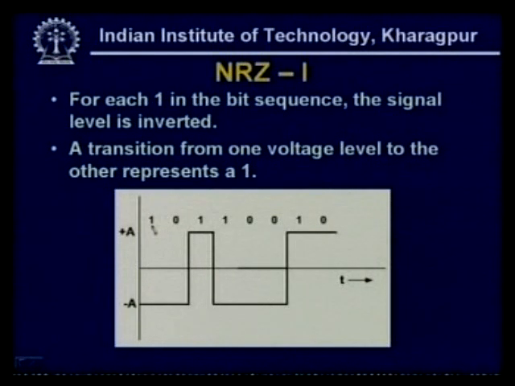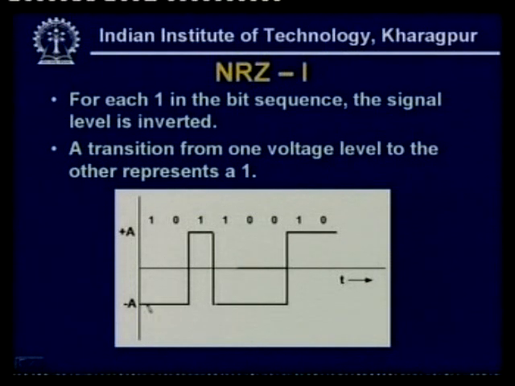Here, as you can see, this is a 1, for which it was minus A. Whenever the next 1 is encountered, you can see here it is making a transition from minus A to plus A. Another 1 is here, so at this boundary again it is making a transition from plus A to minus A. Here there are two zeros, so there is no transition. So, whenever a 1 is encountered, the signal is inverted from the previous signal level.